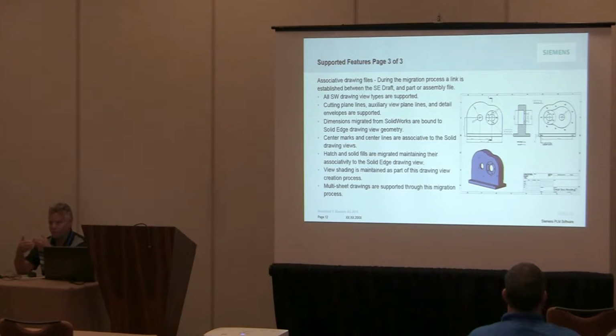And once the drawing view is created, then we go reparent those dimensions to the drawing view geometry. Okay, so there's a lot of things going on in the Solid Edge document there. So center marks are supported, hatches are supported. We also do the shaded views. If the view is shaded in SolidWorks, it would be shaded in Solid Edge. And of course, we support multi-sheet drawings.